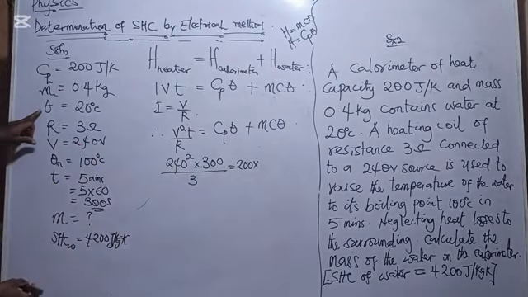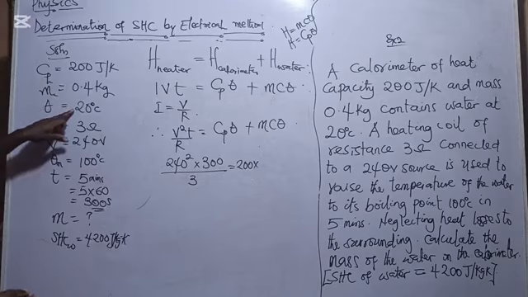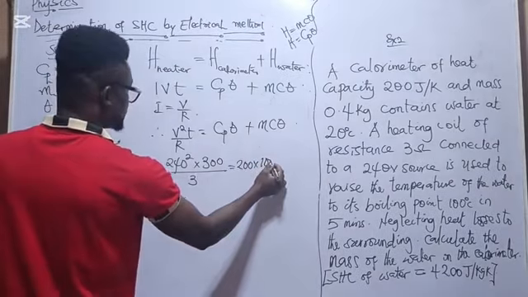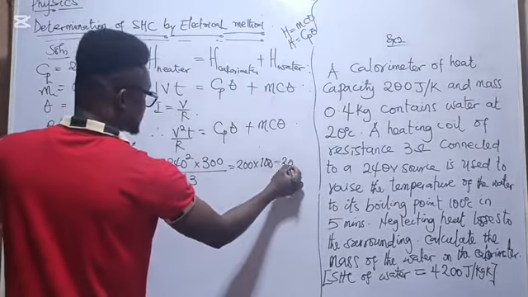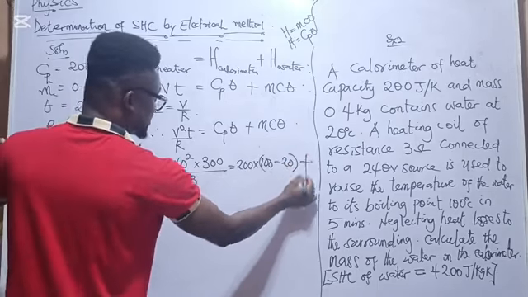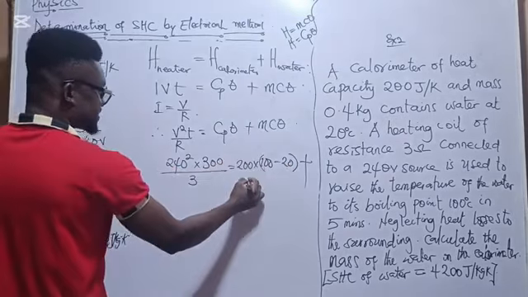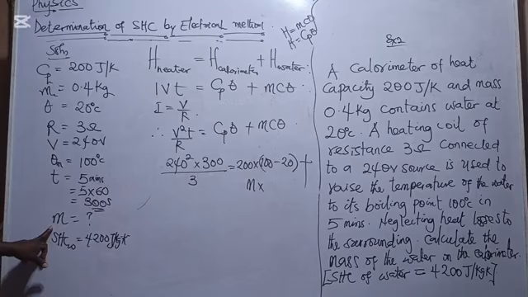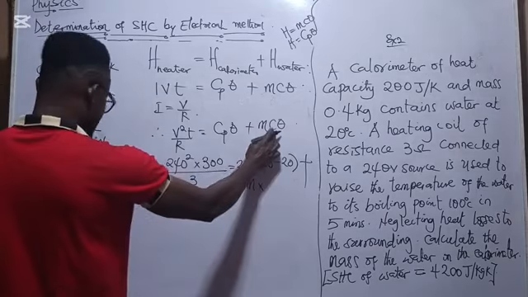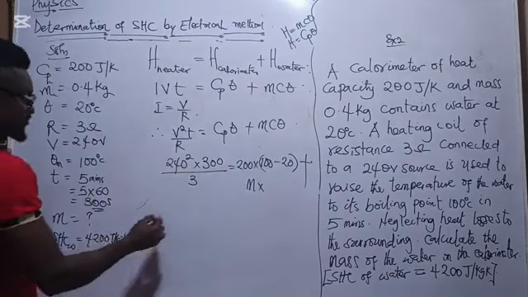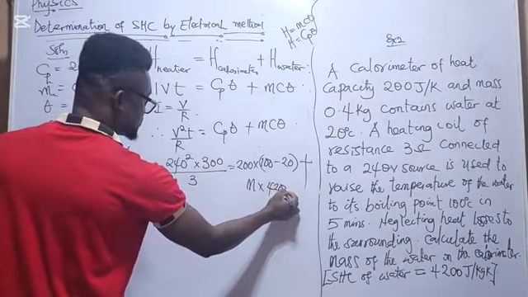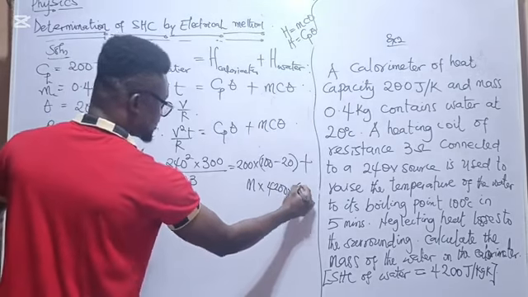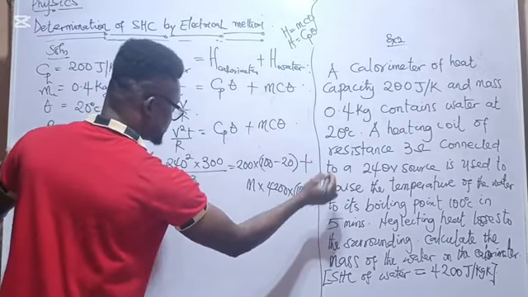The temperature of the calorimeter changes from 20 to 100 degrees Celsius. So the temperature change will be 100 minus 20 degrees Celsius. Then plus the mass of the water, which we are looking for, times the specific heat capacity of the water, which is 4200. Then we have the temperature change, which is the same as that of the calorimeter, 100 minus 20.